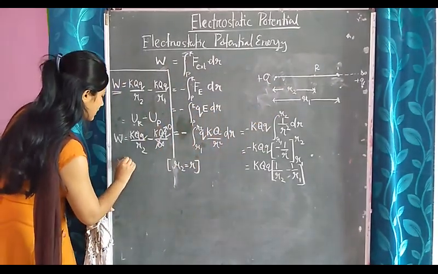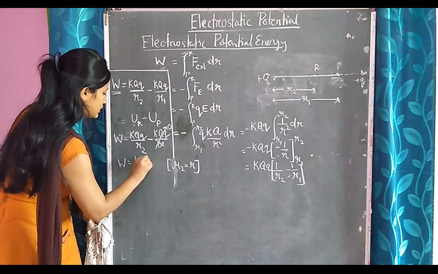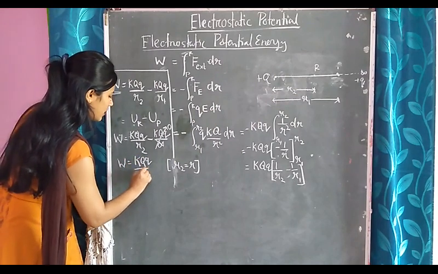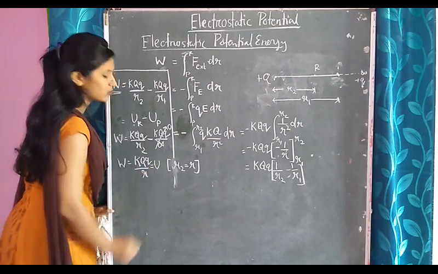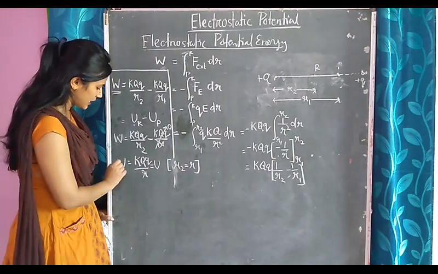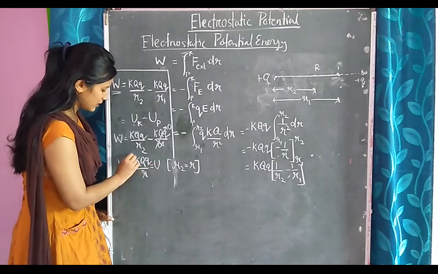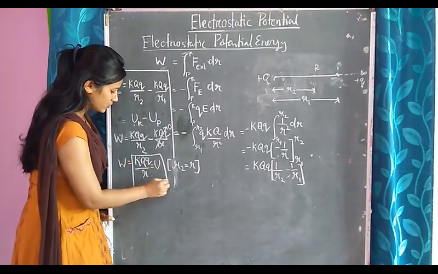Then we will write that W is equal to KQQ by R, and this work is stored as electrostatic potential energy at that point.